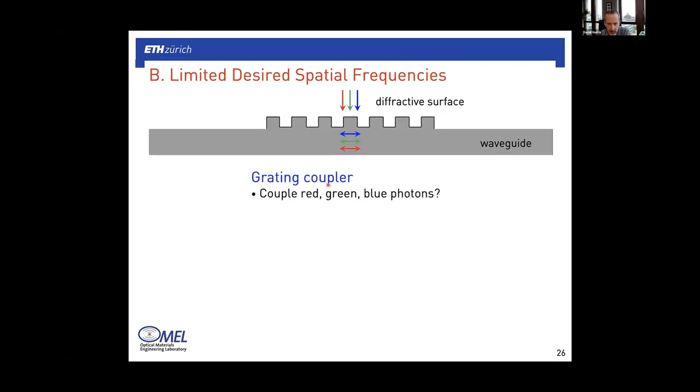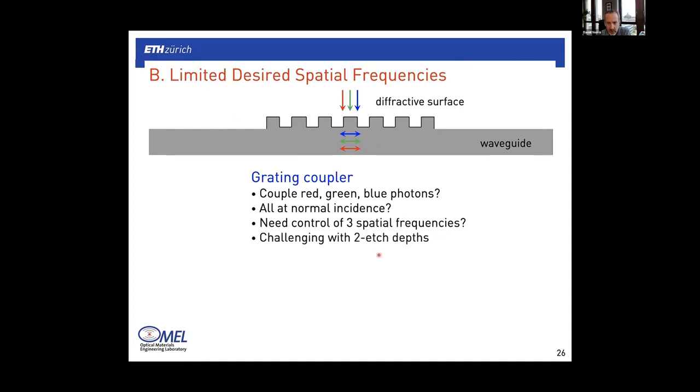In other words, we want a grating coupler, coupling red, green, and blue photons all at normal incidence. Now, to do this with our diffractive surface, we're going to need to be able to control 3 spatial frequencies simultaneously, which with only 2 etch depths is extremely challenging, if not impossible.